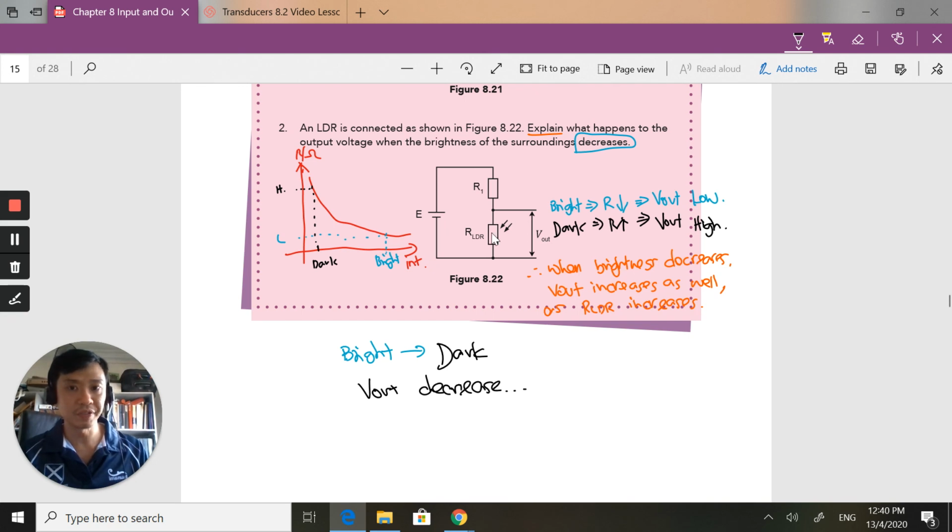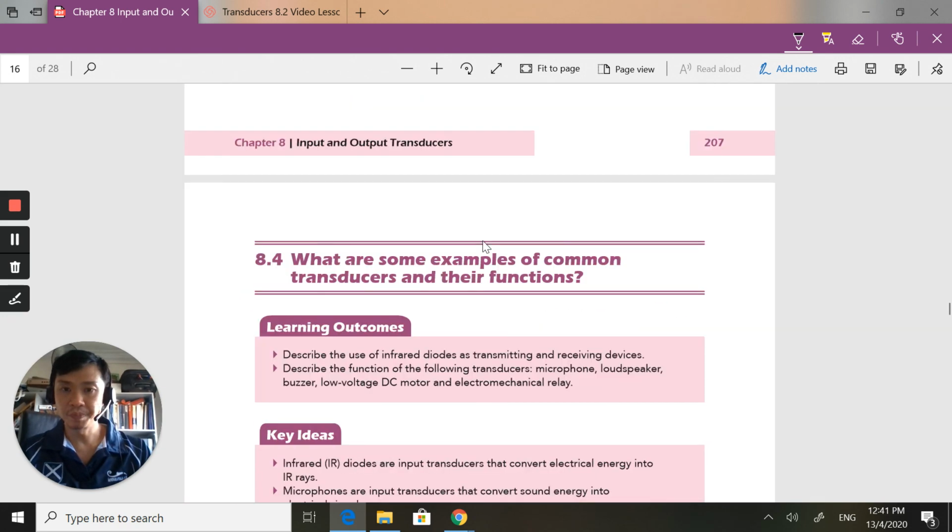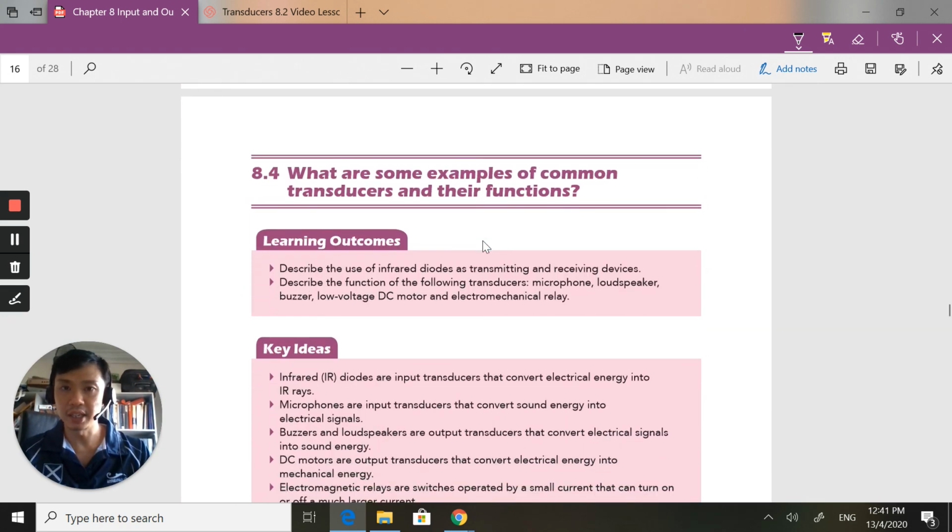And with that clue, in any situation, whether it's an LDR or a thermistor, if you want the opposite to hold true, when the light intensity decreases but I want V out to decrease instead, all you need to do is just switch the position. So that is LDR.